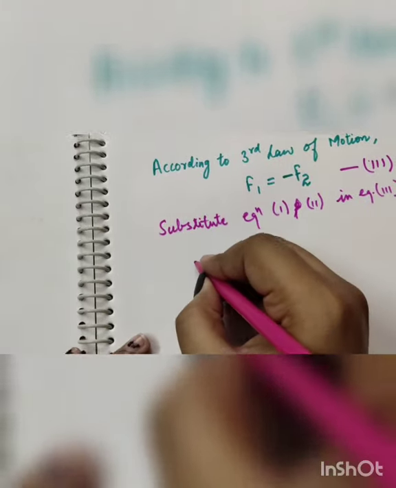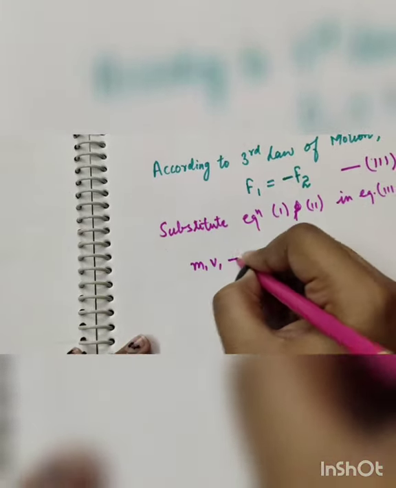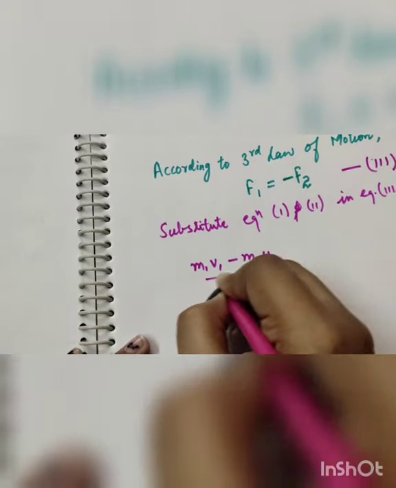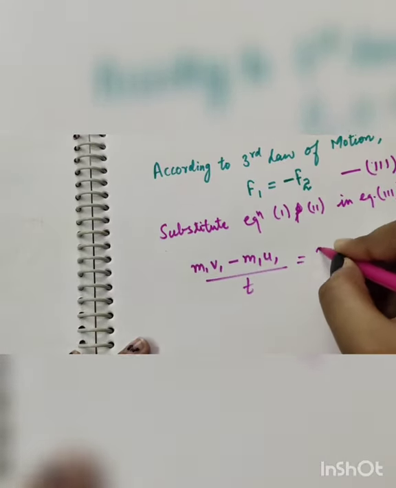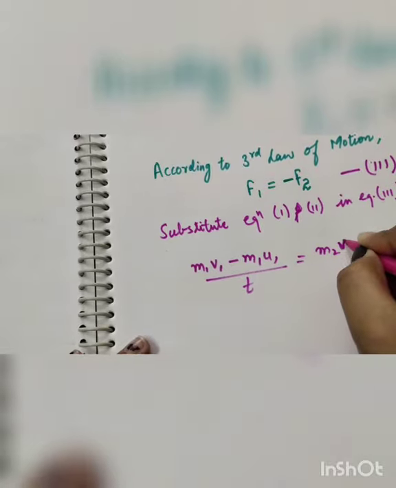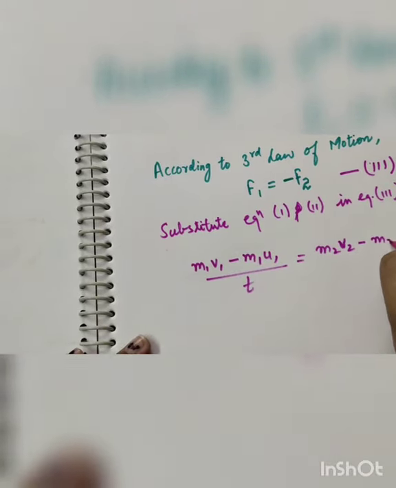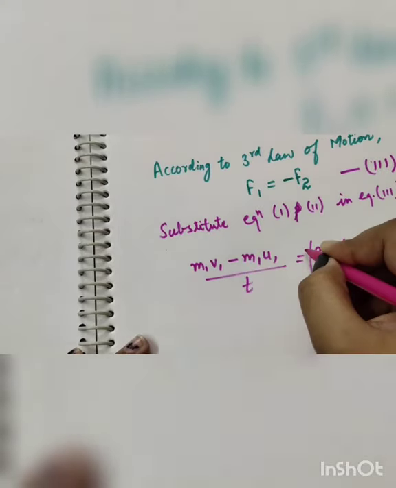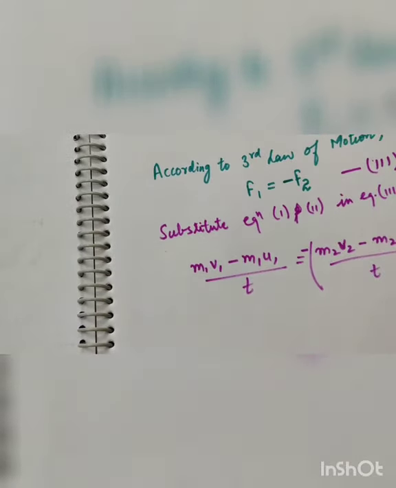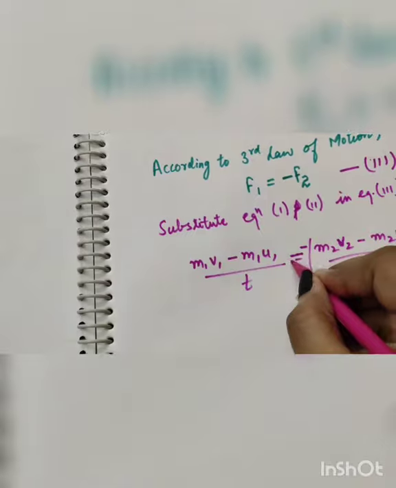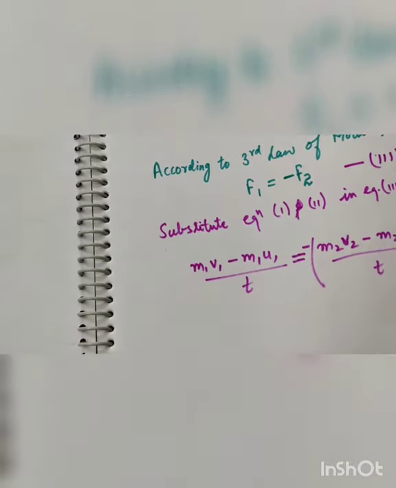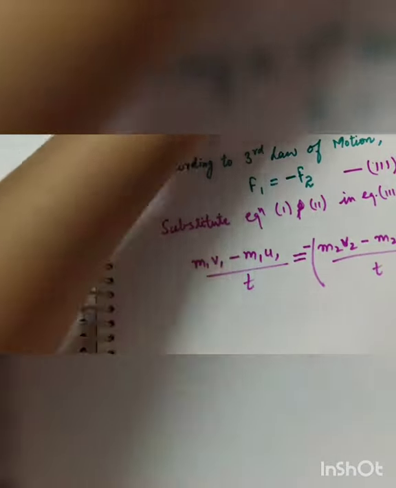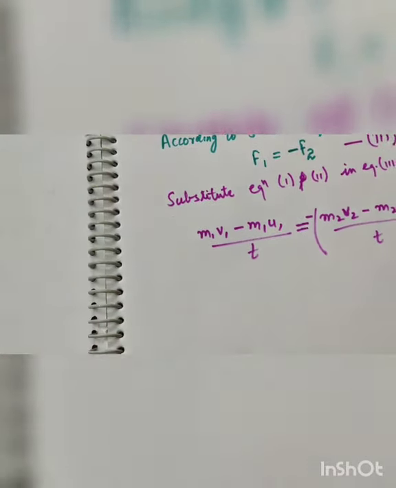I will get m1 v1 minus m1 u1 upon t is equal to m2 v2 minus m2 u2 upon t, with a negative sign here. So don't forget that negative sign, that is very important. It will be very crucial for your answer. So be very careful with its use.